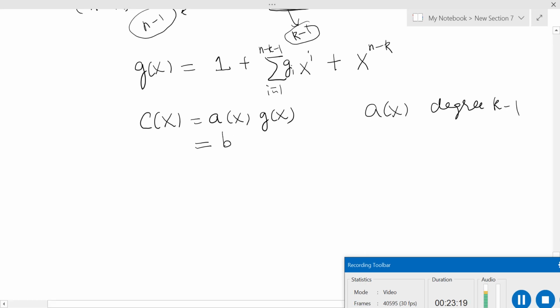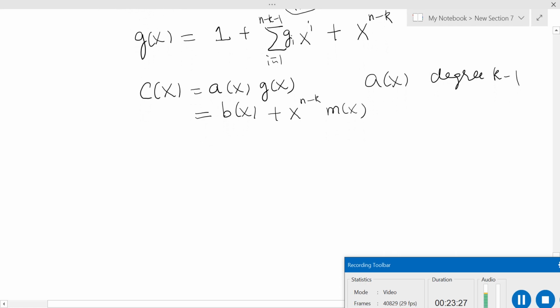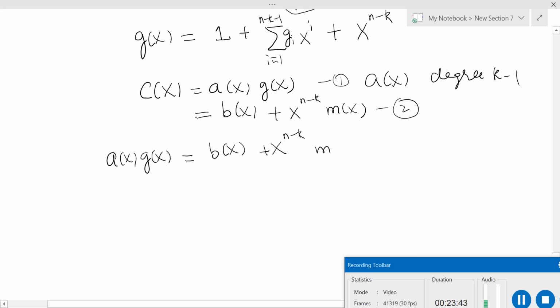And also we can write it as b of x plus x to the power n minus k m of x. Now if I equate equation 1 and 2, I get a of x g of x is equal to b of x plus x to the power n minus k m of x.